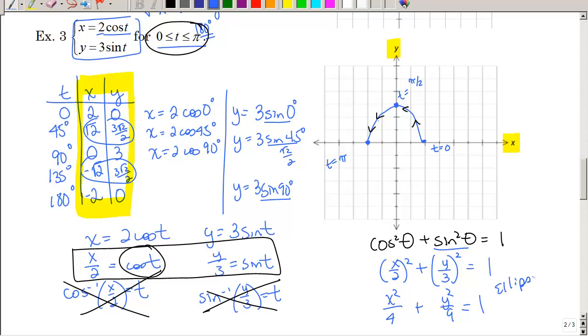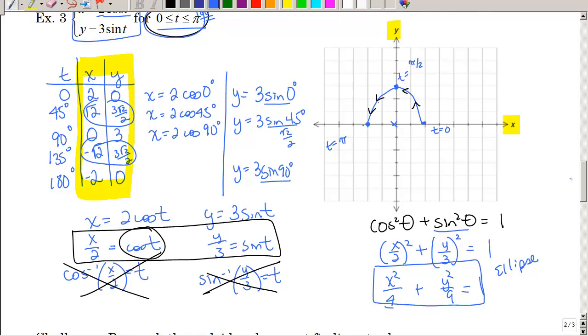That is an ellipse with the center at 0, 0. You would go out 2 on the x-axis and 3 on the y-axis. So because of the parameter, I only get half the ellipse rotating in a counterclockwise direction. And that's the equation that eliminates the parameter.